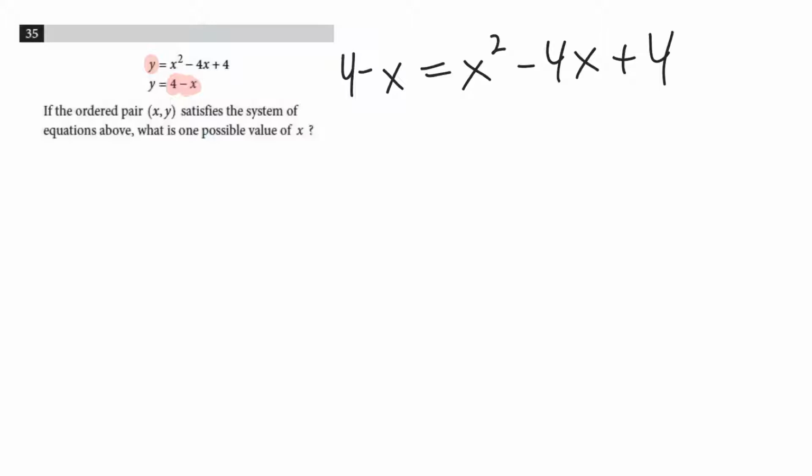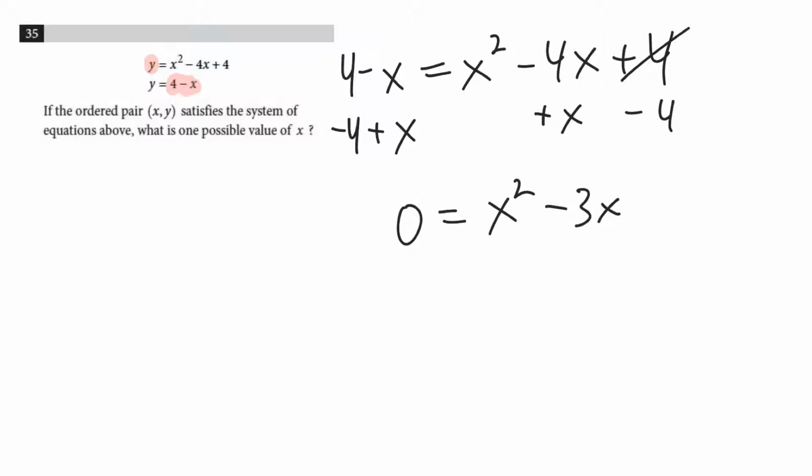This is a quadratic. To solve a quadratic, we have to set it equal to 0. So I'm going to subtract 4 and add x to both sides. I'm going to be left with 0 on the right, x squared minus 3x, and then the 4's cancel out. To solve a quadratic, we need to factor or use the quadratic formula. I think it's easy to factor in this case.